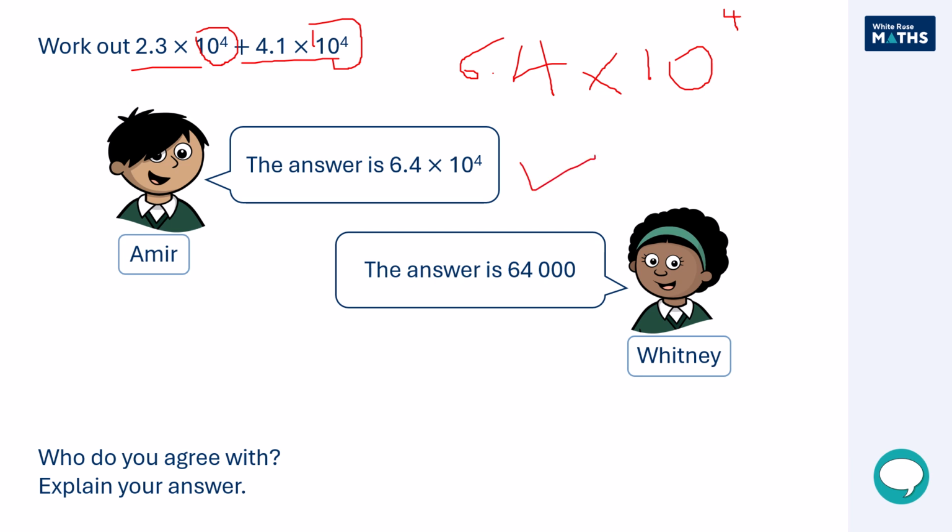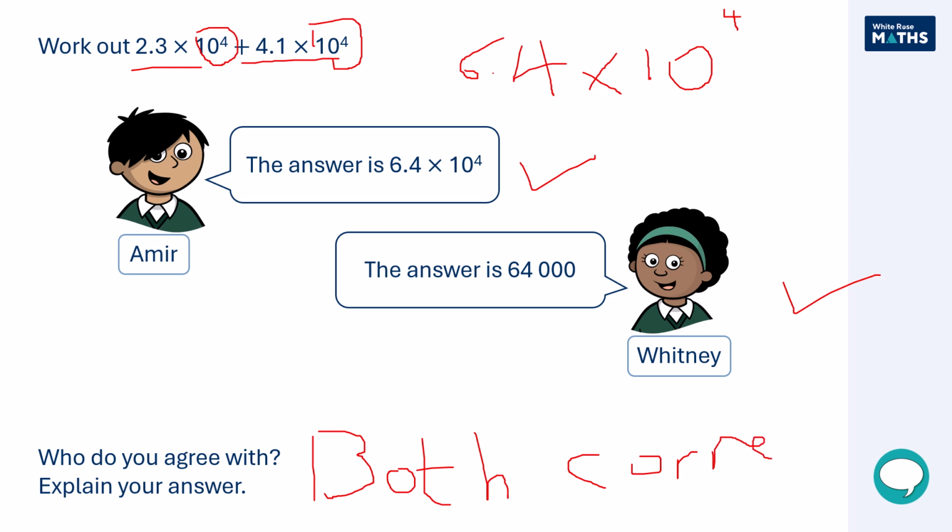So Whitney's also correct. So they're actually both correct. But the key, guys, is that when you add or subtract in standard form, you must have the same powers of 10 because you're following the place value method. Okay, and that's why it works.